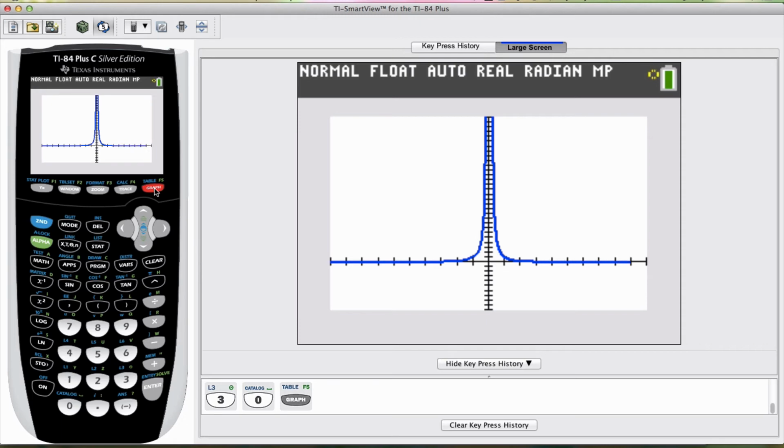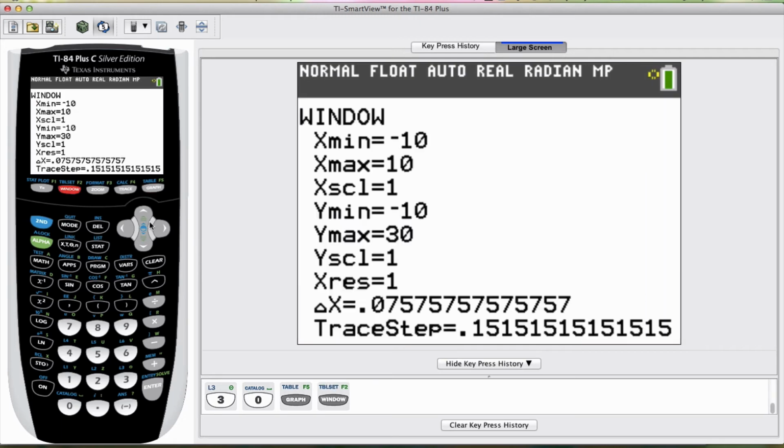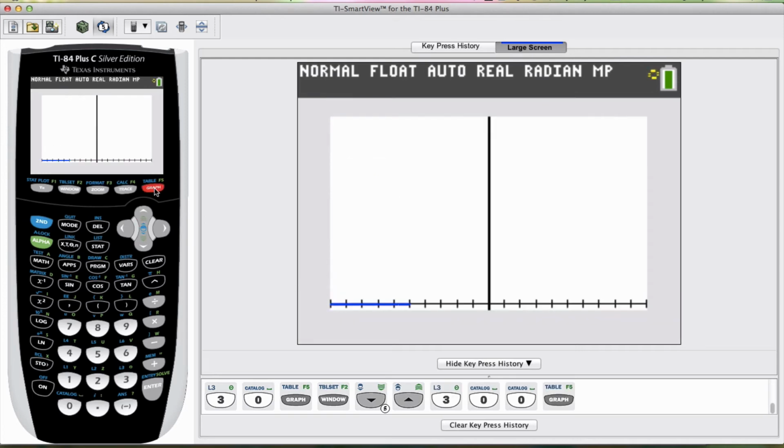Okay, what I'm seeing is that it still looks like it's increasing indefinitely. I could change my window to something else, let's do like 300. Okay, and when I sketch this graph, I can't really tell what's going on here.